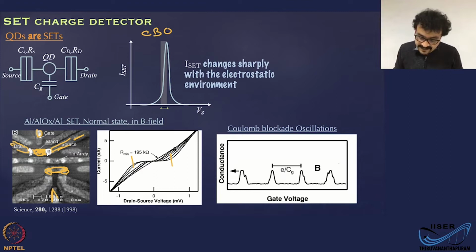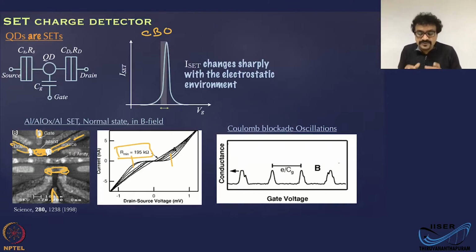And this device has a resistance of 195 kilo ohm in the normal state. That means these two tunnel junctions together give you a resistance of 195 kilo ohm, which is more than the resistance quantum for the combined system.